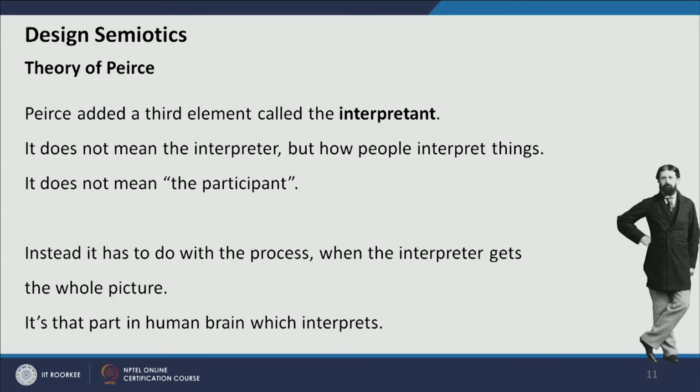If somebody has a preconceived idea about what it is, then they can interpret it in a different way. For example, if we take the word flower, somebody who has more association with a particular kind of flower, for example a sunflower, can think about a sunflower when they read the word flower.